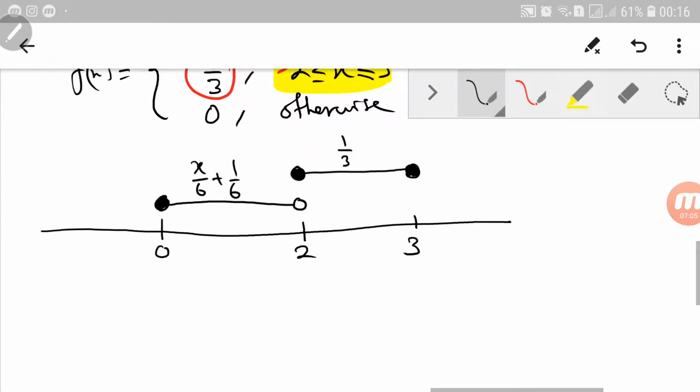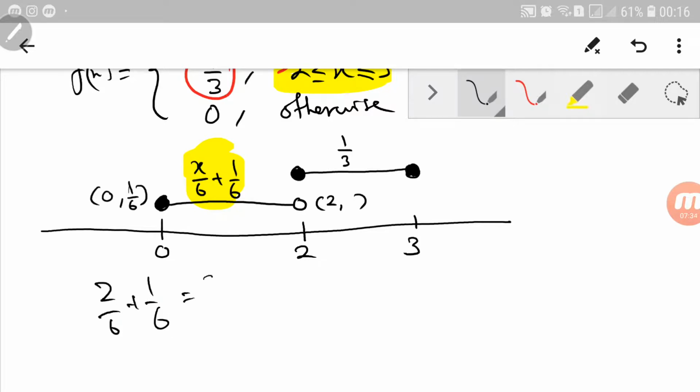After that, we find the coordinates of the circles that we have here. So 0, we substitute into this function, and we get 1 over 6. Same goes for the value of 2: when we substitute, 2 over 6 plus 1 over 6 is 3 over 6, which is 1 over 2, half.